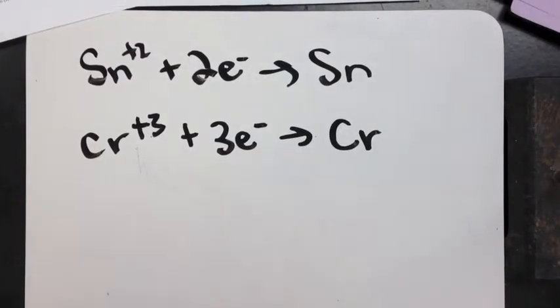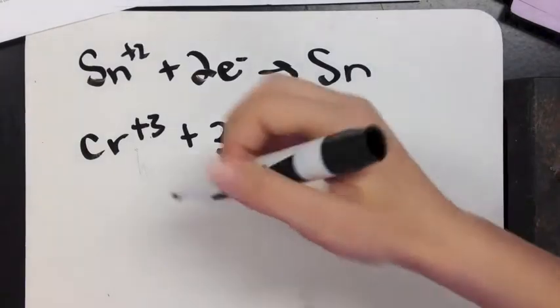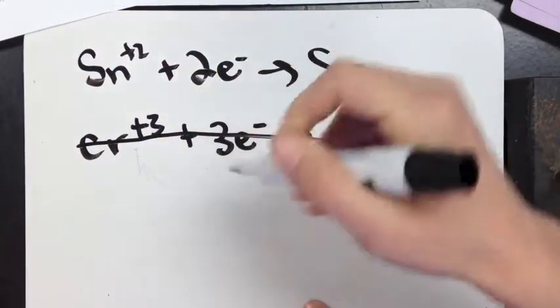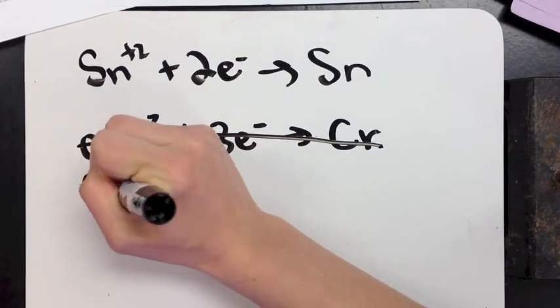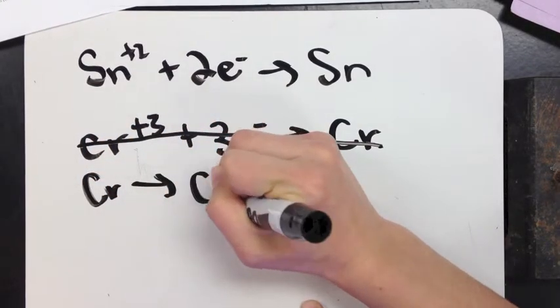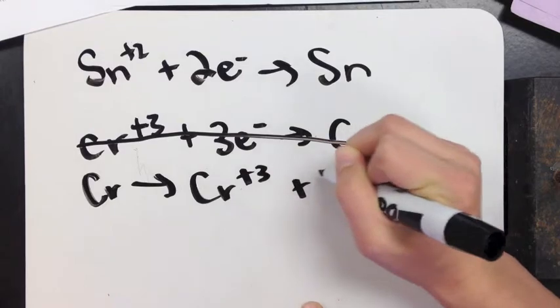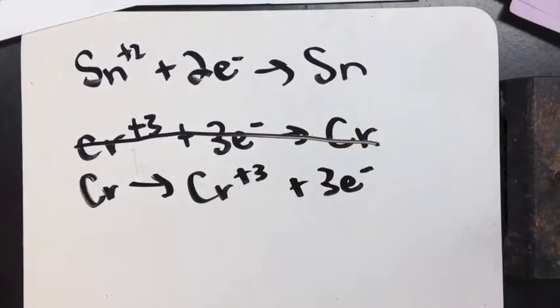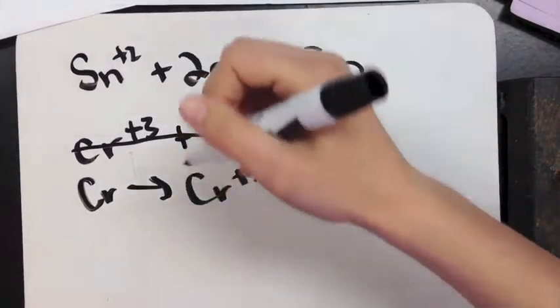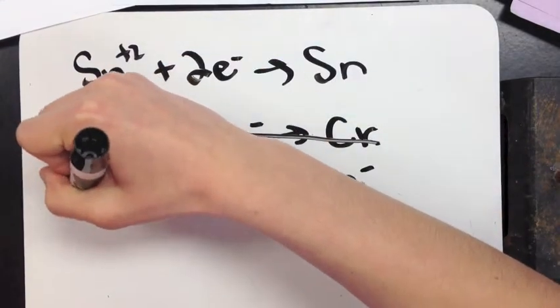So for part E, it's asking us to write a balanced net ionic equation for the overall chemical reaction that occurred in the cell. Down here we have written the half reactions that were given to us. Now we have to flip the Cr equation since we know that's the anode. Then we balance the two half reactions to allow the electrons to cancel out.